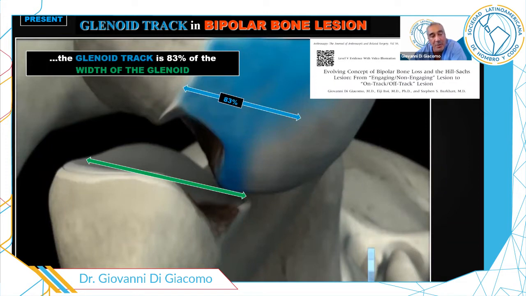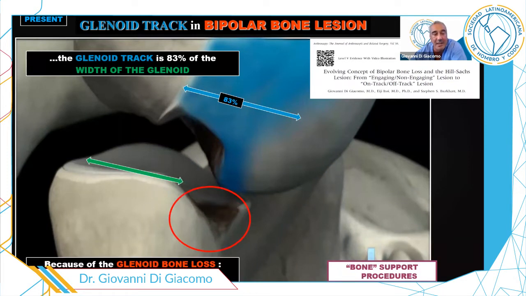With Ishitoi, we introduced the concept of the glenoid track to measure the Hill-Sachs, especially to understand if the Hill-Sachs is going to engage or not in abduction external rotation. This is the concept of the on-track and off-track lesion in anterior inferior instability.